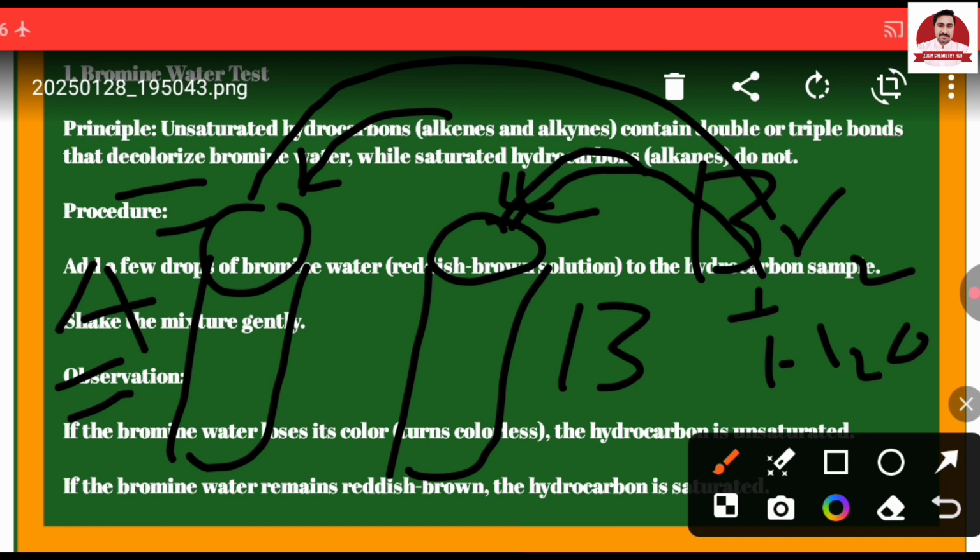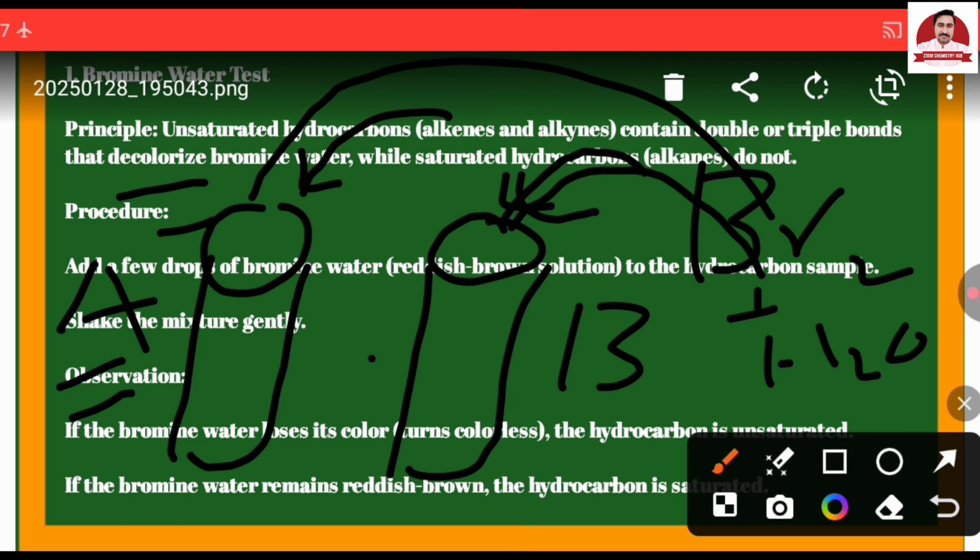And if we look at test tube B, there is no change in the color of the bromine water solution. So in test tube B, the color of bromine water is not changed. So here in this test tube, the hydrocarbon is saturated, that is alkane, having a single bond.